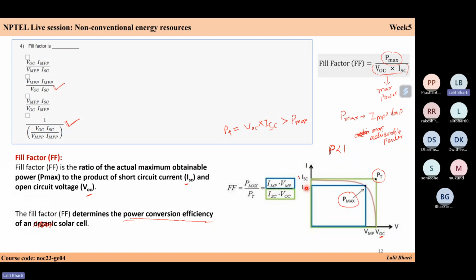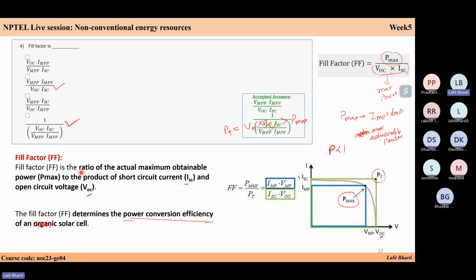So that is your Pmax, and this is your PT. So the ratio, which is IMP times VMP divided by ISC times VOC, is the fill factor. So both option 2 and option 4 are correct, just they have taken this in inverse. So fill factor is quite an interesting and important phenomenon for a solar cell.